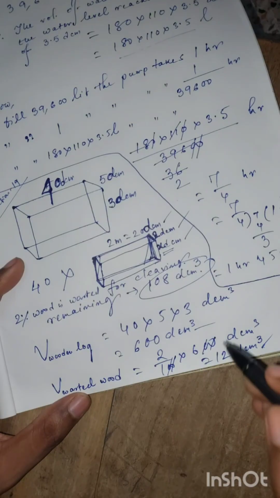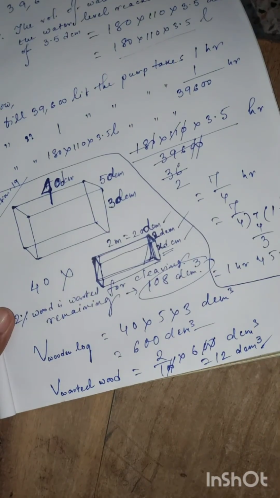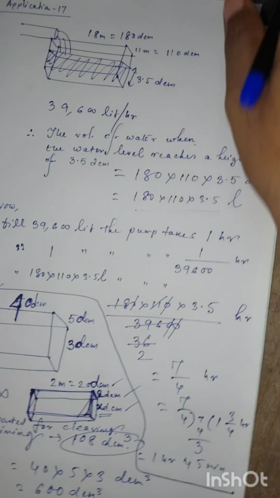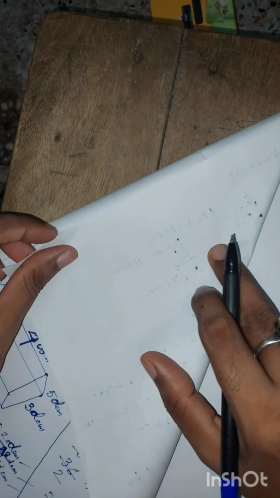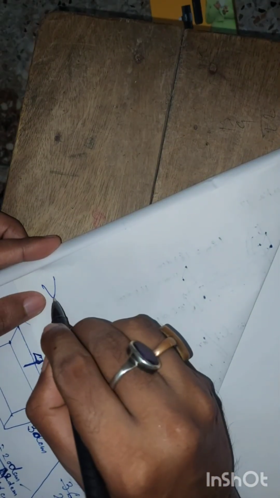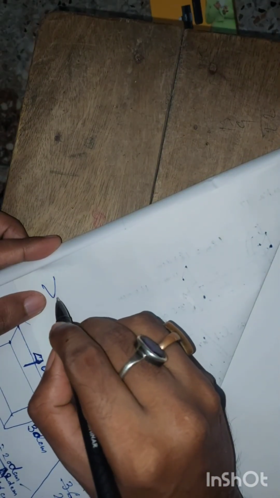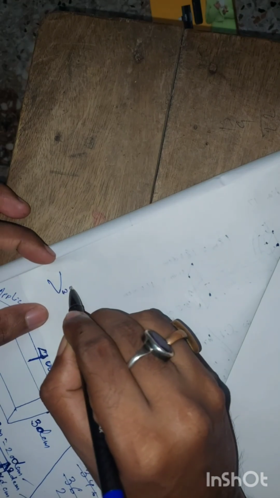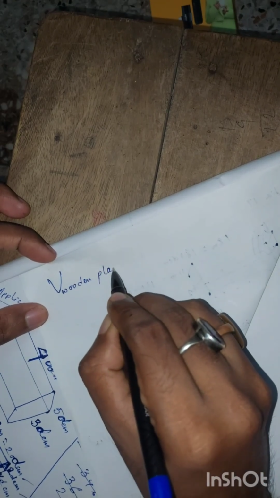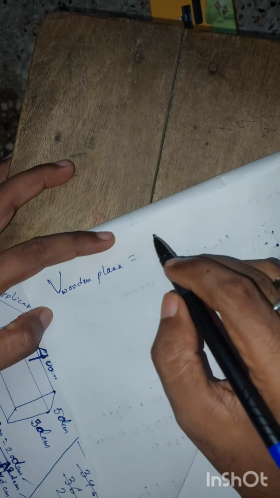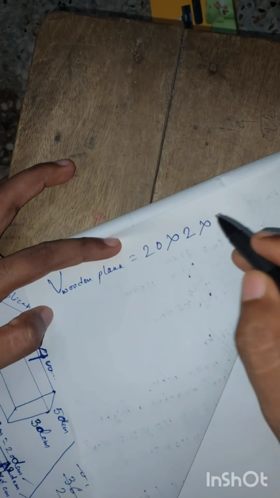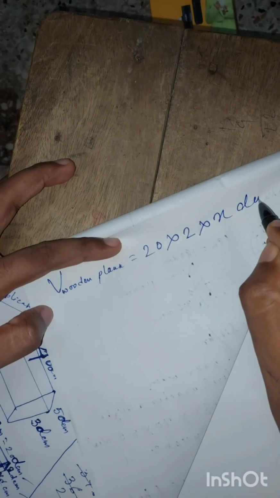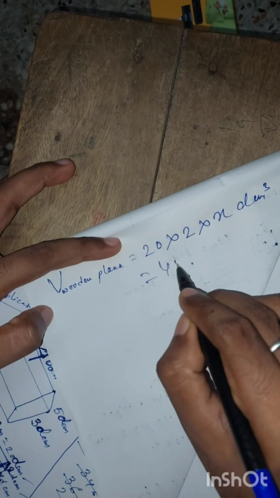Okay, now volume of wooden plank is equal to length, that means 20, into breadth, that means 2, into x dcm cube, that means 40x dcm cube.